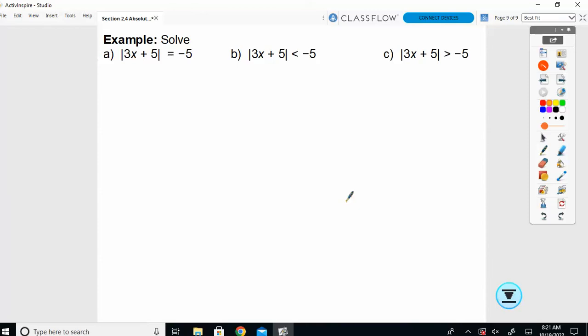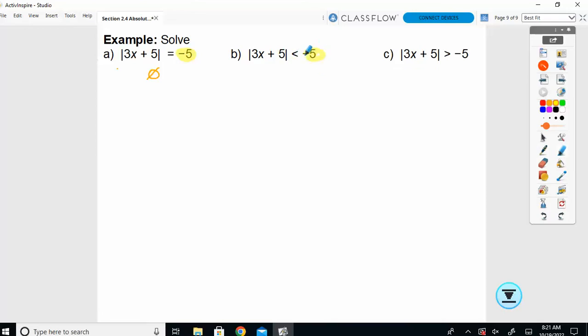If you look at this first one, we have the absolute value equals a negative number. We said yesterday absolute value is distance from 0, and that distance always has to be positive. So if you noticed at the beginning you had the absolute value equal to a negative, you could stop and say no solution. If you didn't catch that, you would solve it, but when you went to check it, it wouldn't work. So anytime you have the absolute value by itself and a negative over here, you need to stop and think about what that means.